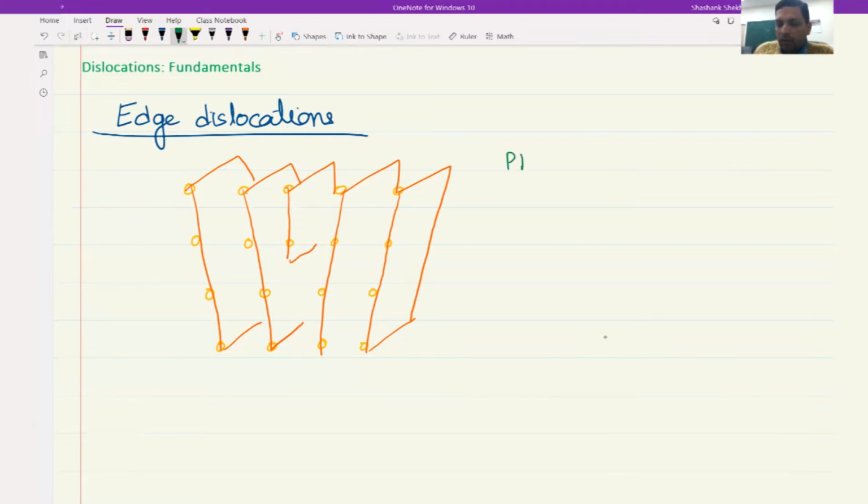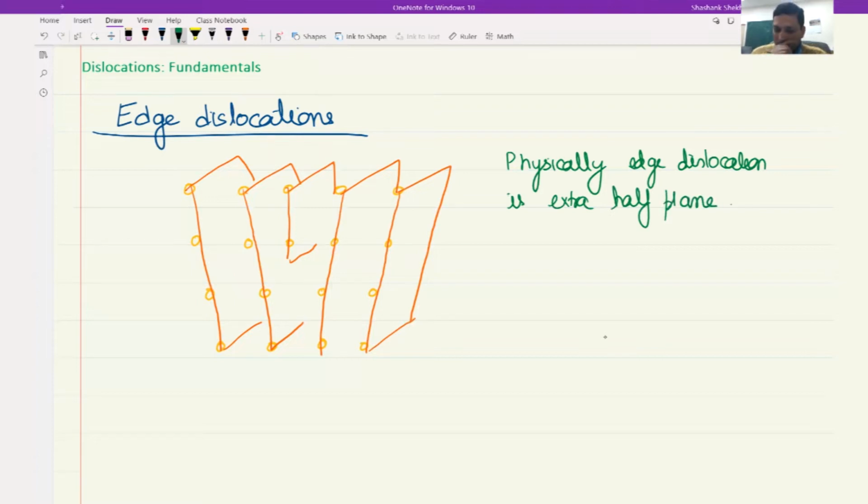So physically, this is an extra half plane. However, if you go further away from this particular line, which is usually represented by this inverted T and extends all the way over here, it's a perfect crystal.